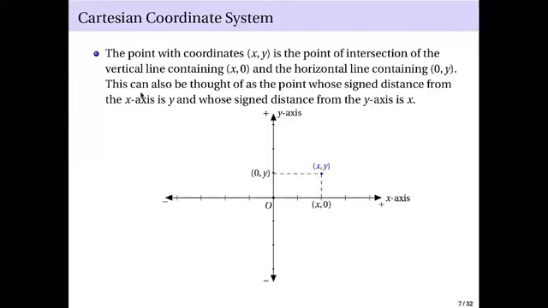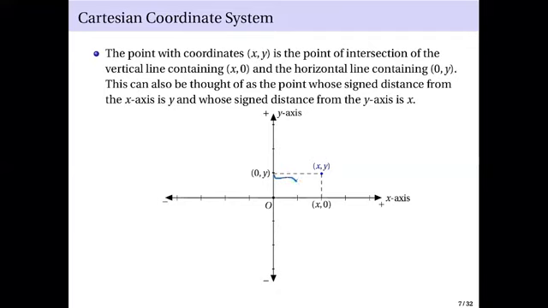Now, this can also be thought of as the point whose signed distance from the x-axis is y, and whose signed distance from the y-axis is x. So how is that? You have your y-axis in here, and this is your point.